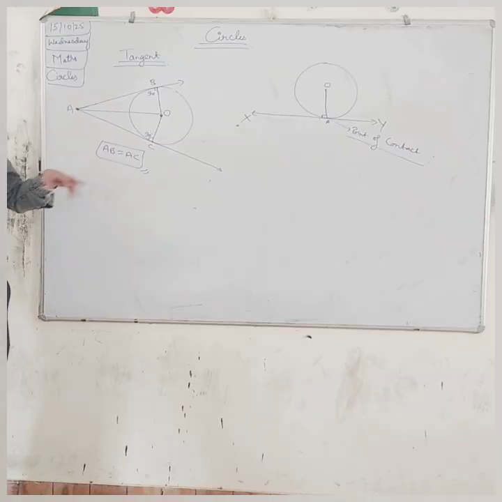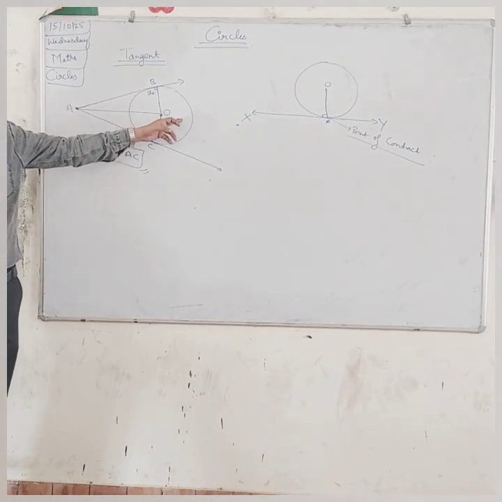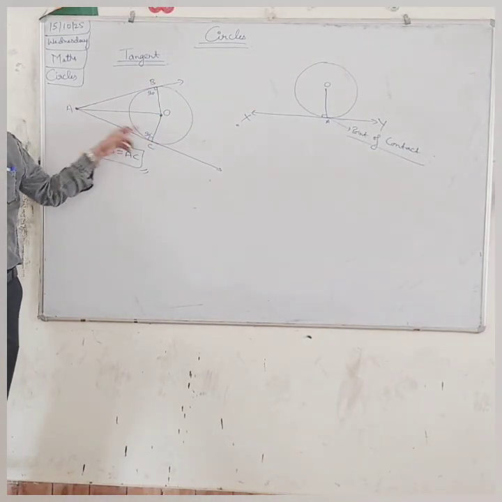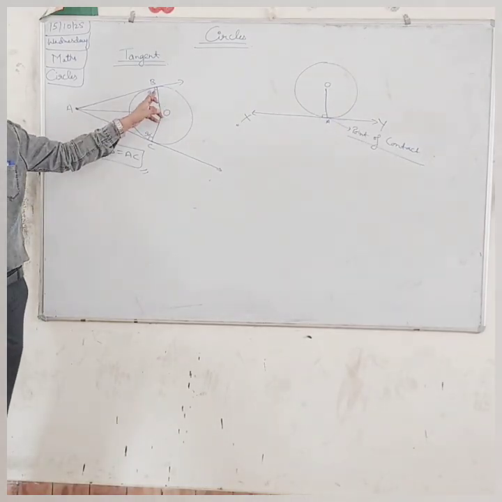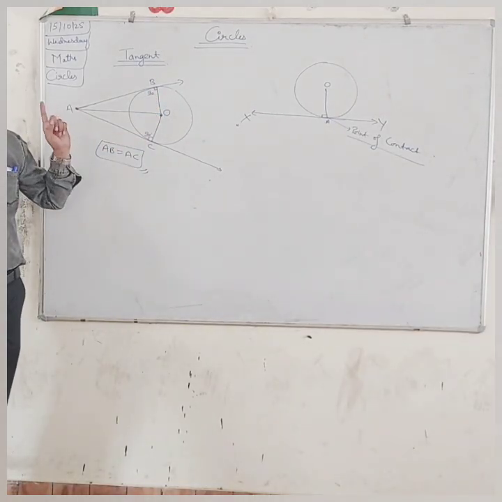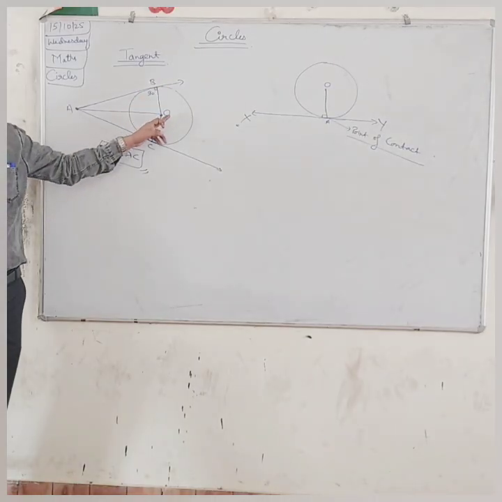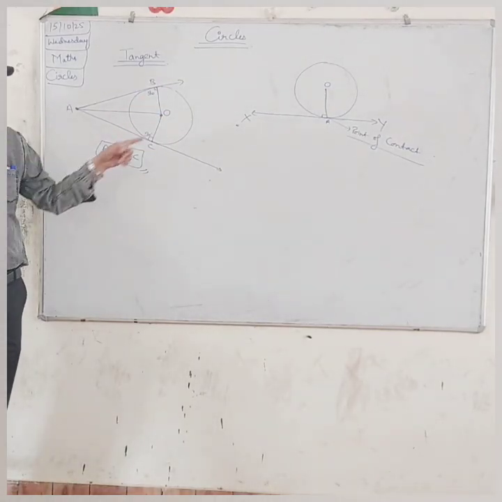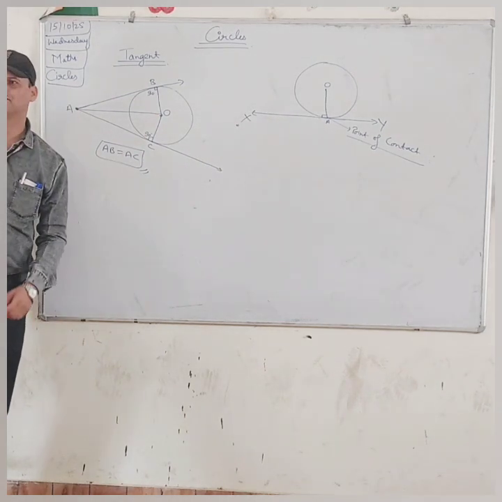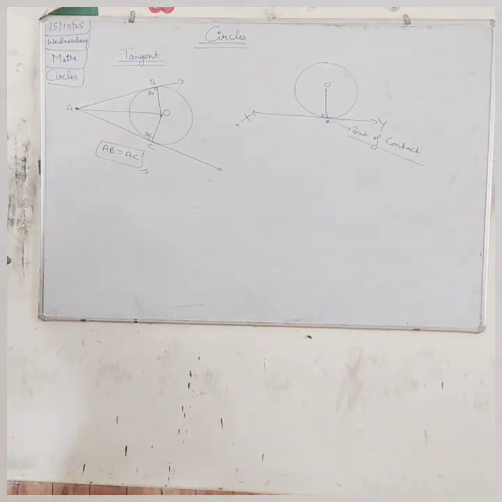If you see carefully, there are 2 triangles, triangle OBA and OCA. You have this 90, this 90, one angle equal. OB equals OC, radius equal, one side equal. OA is the common side. So both the triangles are congruent by this criteria.